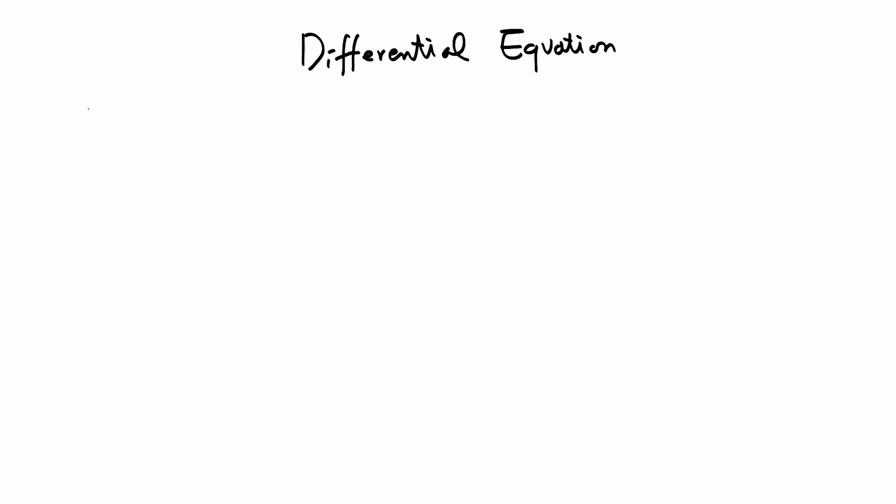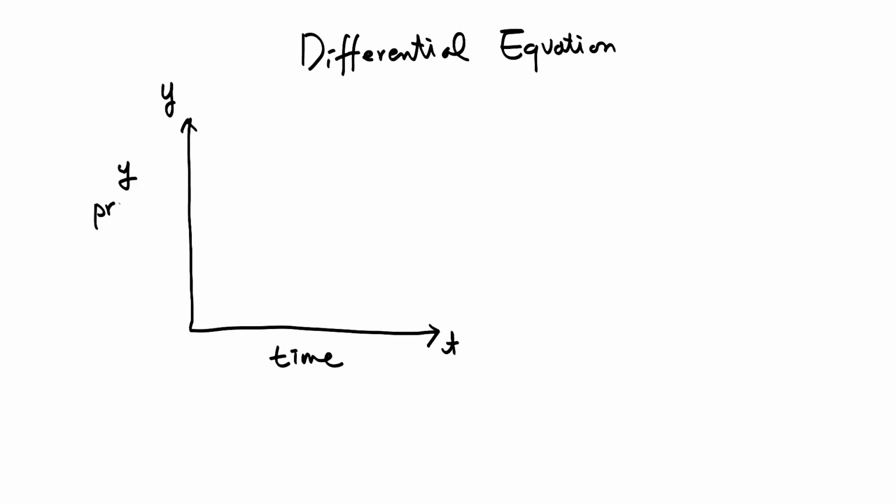So let me start with this graph. T on the horizontal axis is time, and we have Y, protein concentration. The initial concentration is here, and there's no production, so protein concentration decreases like this, exponential decay, right?